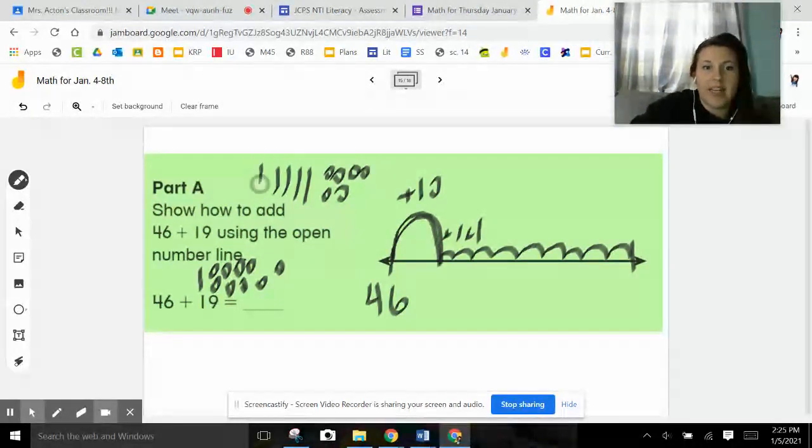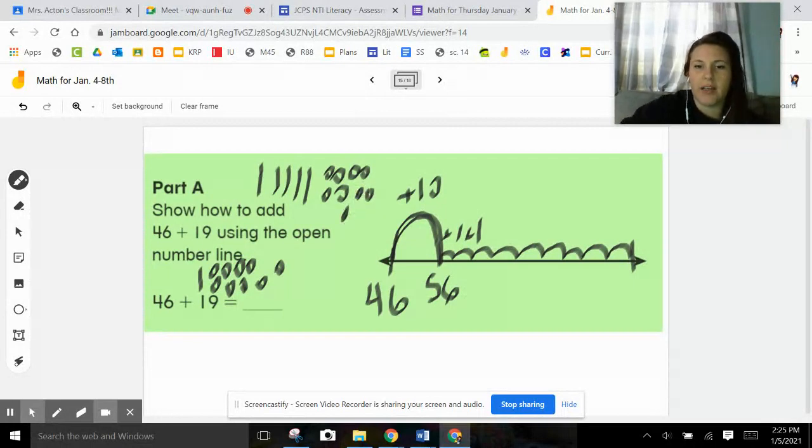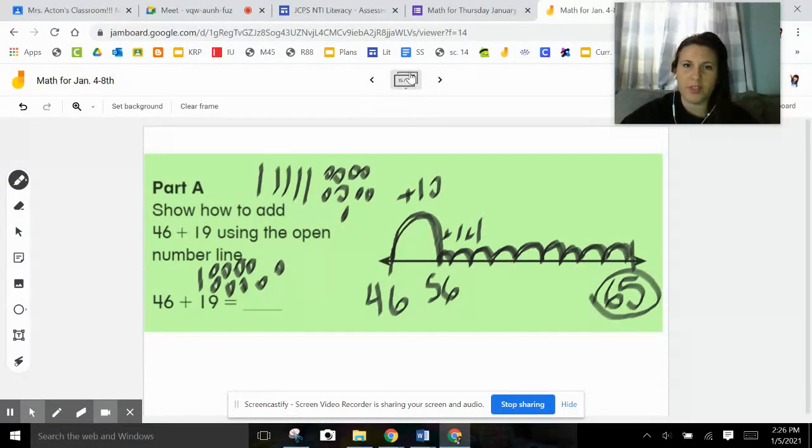That means I'm just adding a 10 stick, which gives me 10, 20, 30, 40, 56. And then I add another one, another one, another one, all the way till I get 9. But I can just count. So I've got 56, 57, 58, 59, 60, 61, 62, 63, 64, 65. I get 65, my answer. So there's your number line.